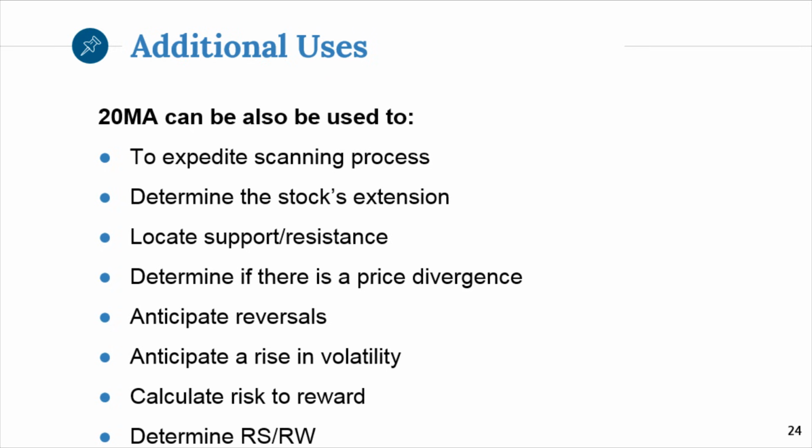Does that make sense? So just based on where price is in relationship to the 20 MA, and compare that to the market, that should tell you whether your stock has relative strength or relative weakness. If it has relative weakness, obviously you don't want to play it. Okay?